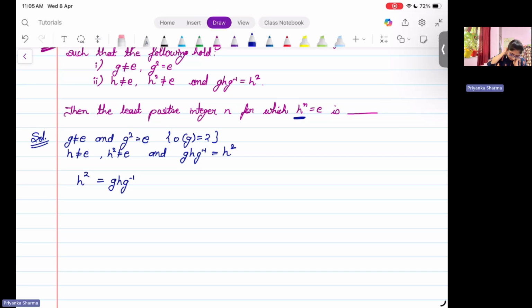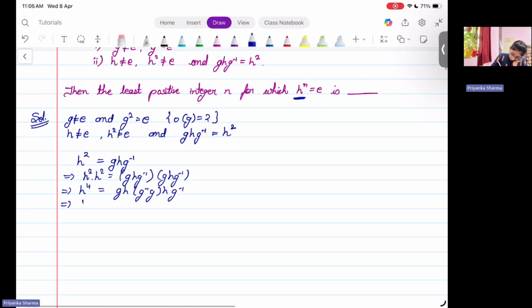If we square both sides, H square is G inverse, so h to the power 4 will be G inverse G inverse, or h to the power 4 is H square G inverse.